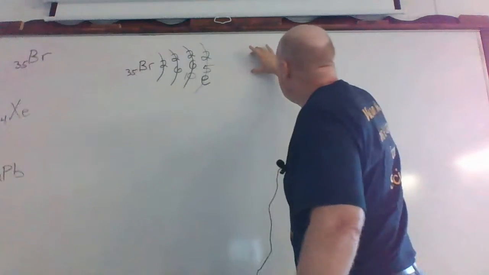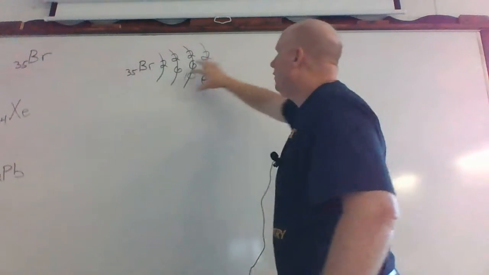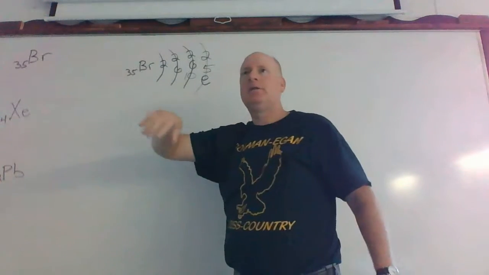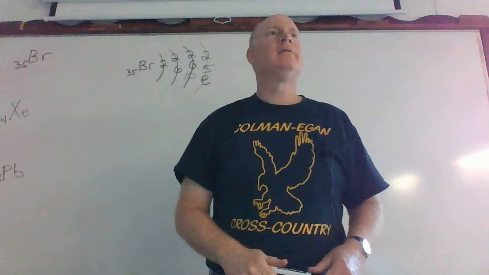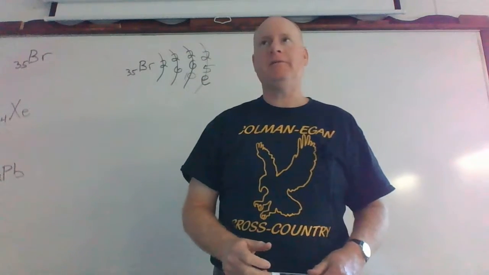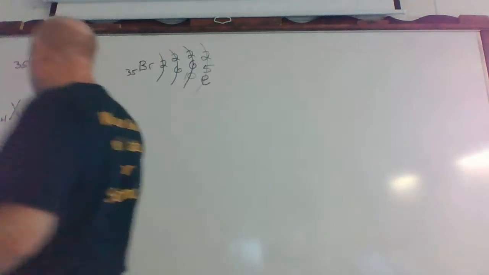So, if we were to do the electron configuration for that, that's just a linear depiction of what the Bohr model is. Okay? Can you take a shortcut for this? Yes, you can. And we'll show you what we mean here.